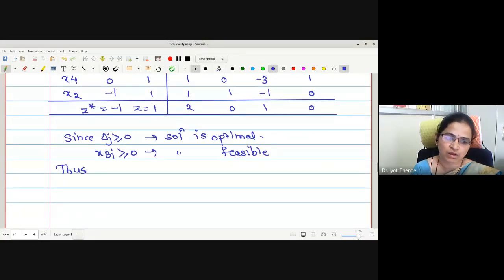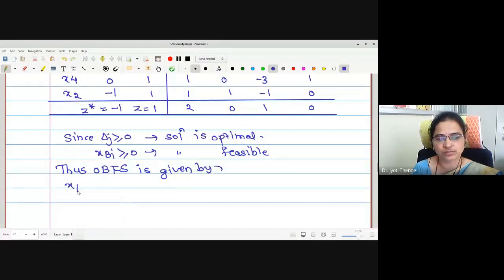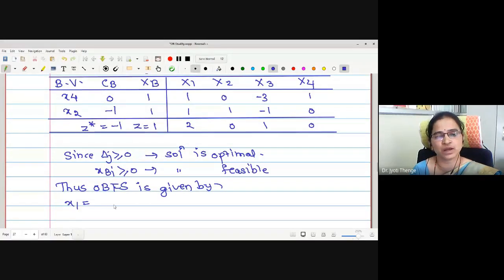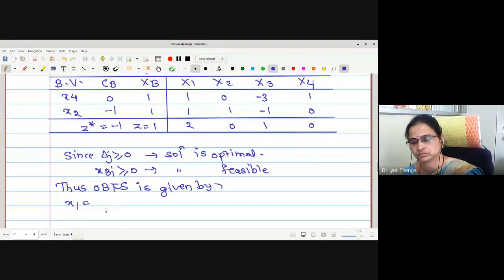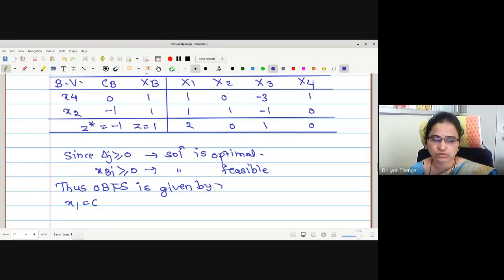Thus, the optimal basic feasible solution is given by: what is the value of x1? Look at the table. x1 is 0. x2 is 1.